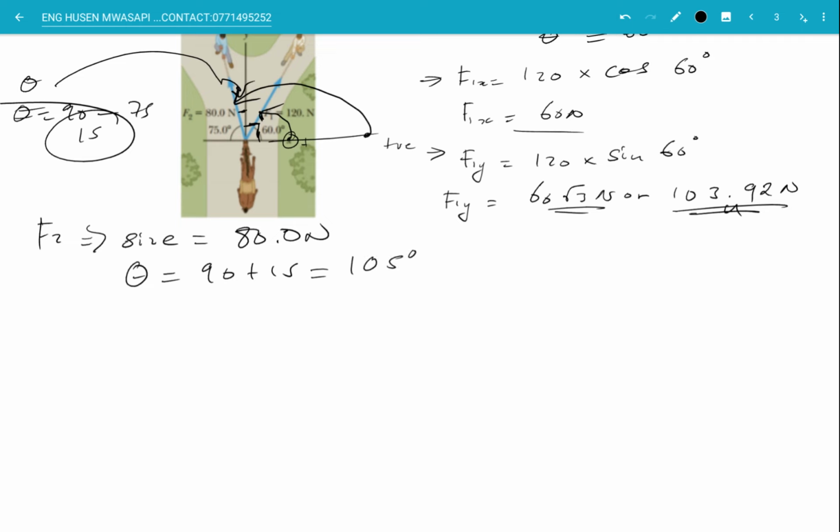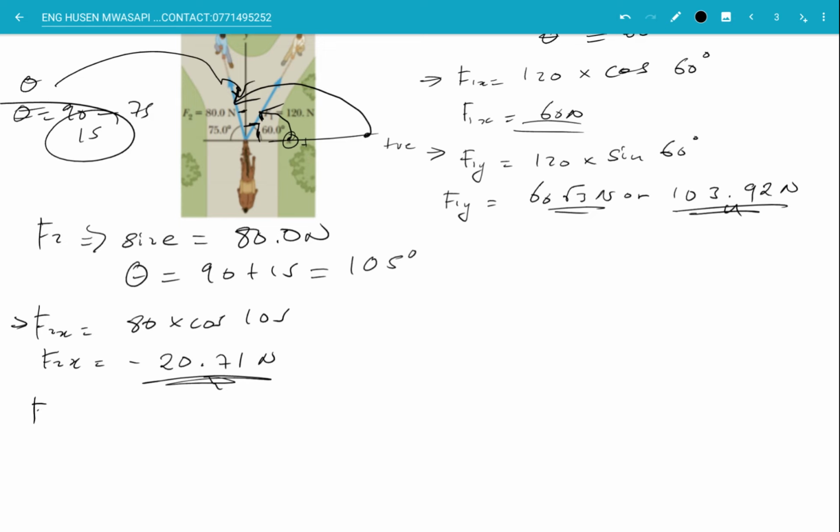Then you can now look at the components. So let's find the x component. F2x is equal to the size, which is 80, times cos of the direction, which is 105. If you compute 80 times cos 105, you end up with minus 20.71 newtons. Then you find the y component.